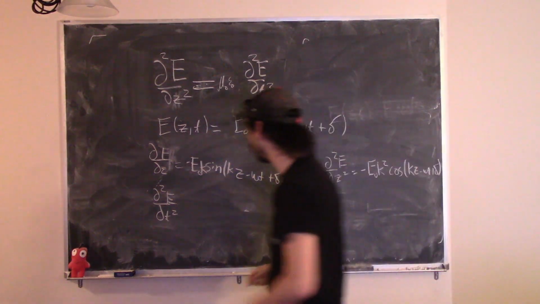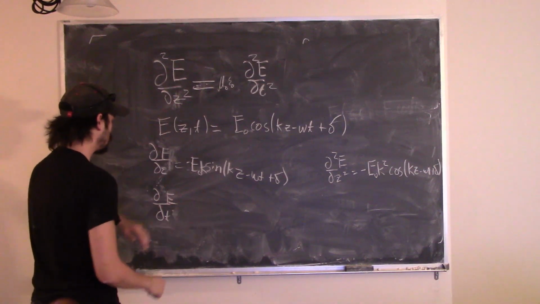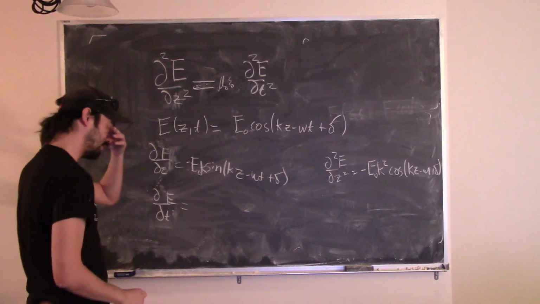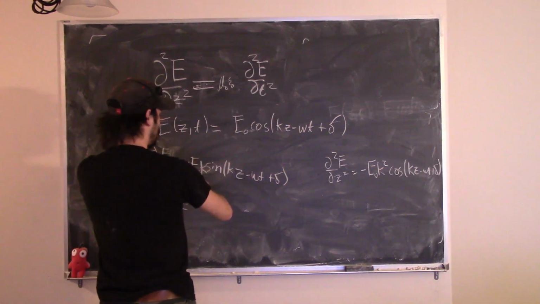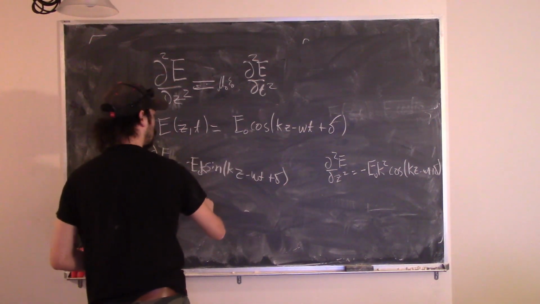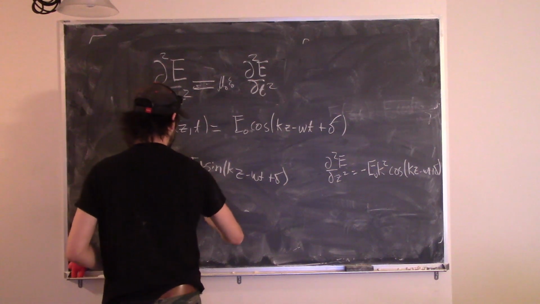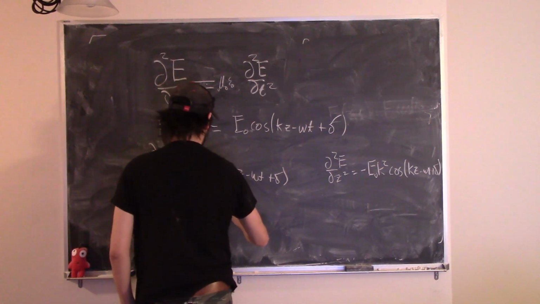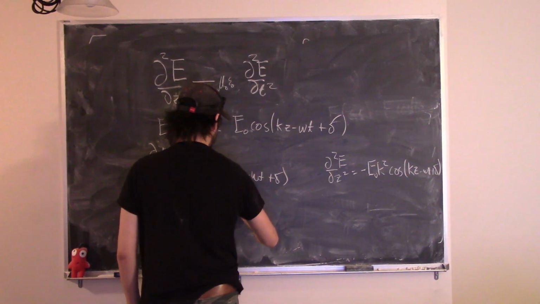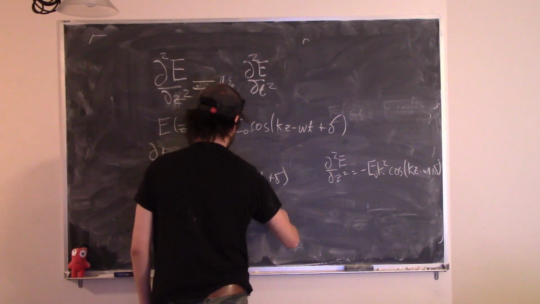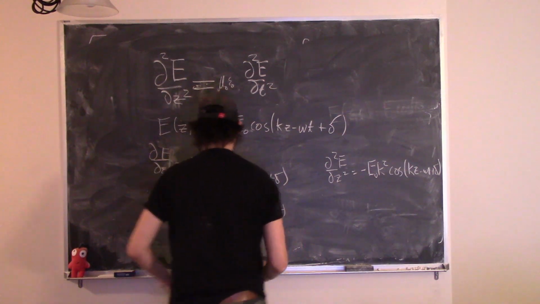Okay. Now let's do the same thing with our time derivatives. If I take a time derivative of this, I'm going to get a negative omega out front that's going to cancel with the negative sign that I get when I take the derivative. So this is going to be plus E0 omega sine of kz minus omega t plus delta.